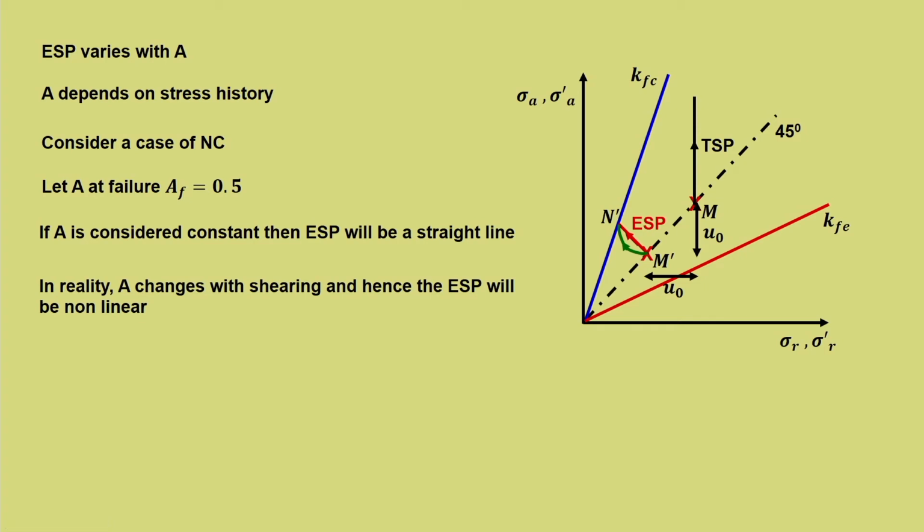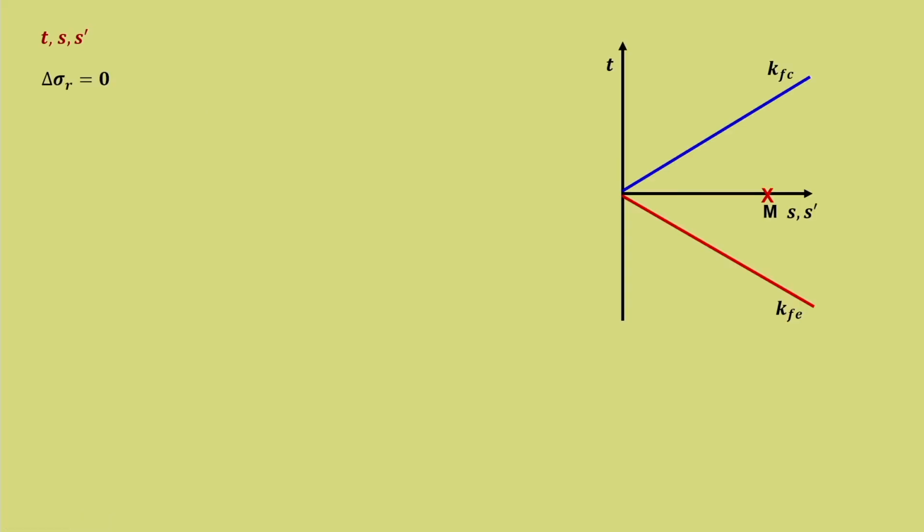But most of the practical cases that we discuss, we consider A value to be a constant and we take the value of AF, and hence we can consider the effective stress path for undrained condition also to be a straight line. So, the same thing that we try to do in TSS dash plot.